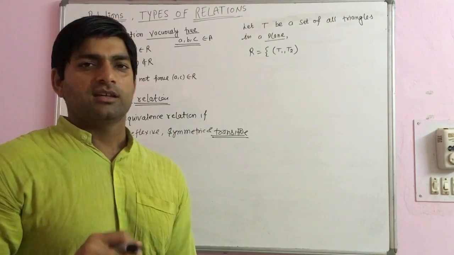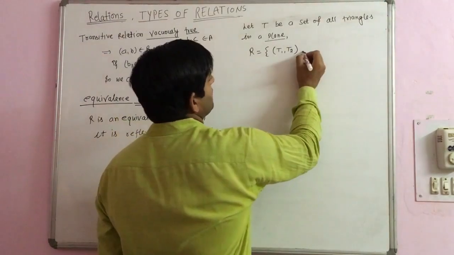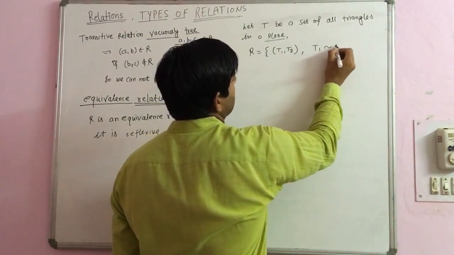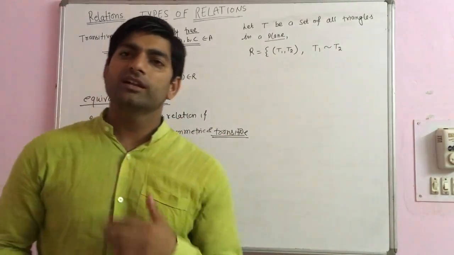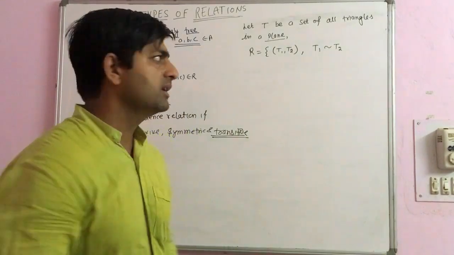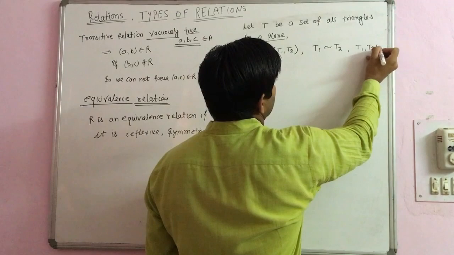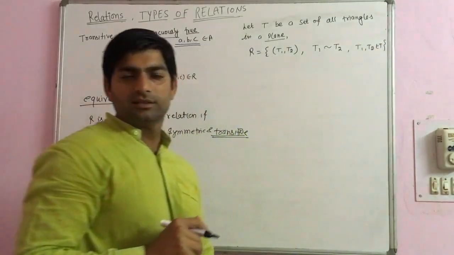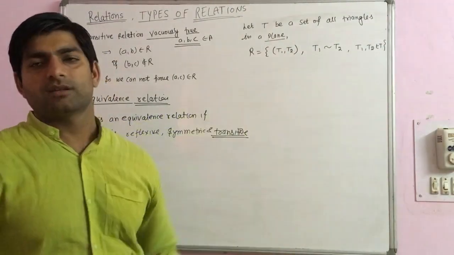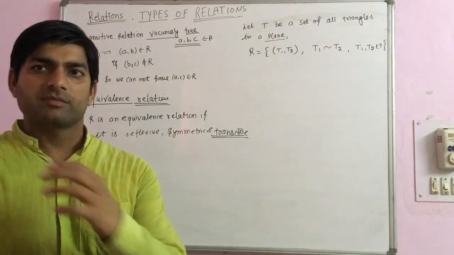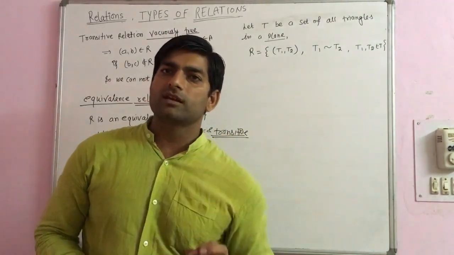So T1 is similar to T2, or we can say that T1 is congruent to T2. You can take that relation also here. So T1 similar T2 and T1, T2 belong to the set of triangles T. Now, we want to check whether this relation is reflexive or not, and then symmetric, and then transitive. So we want to check whether this relation is an equivalence relation or not.